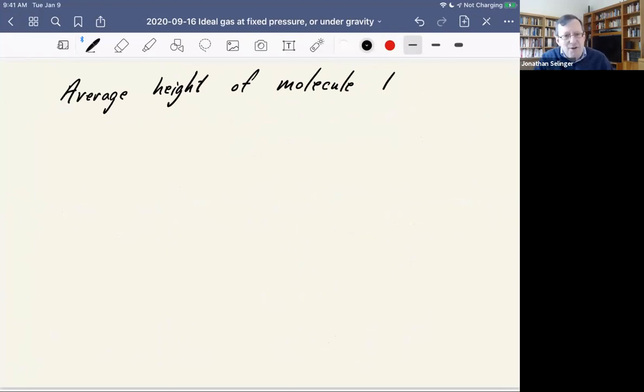It doesn't matter whether it's molecule number 1 or number 13 or whatever, they're all identical. So what's the average height of molecule number 1? The average of z1.